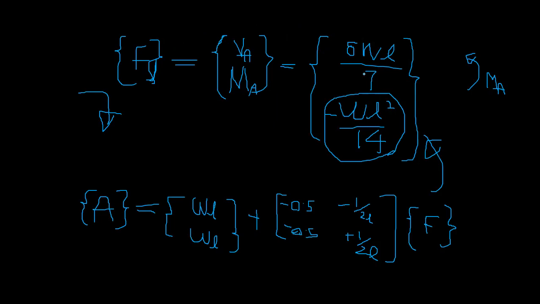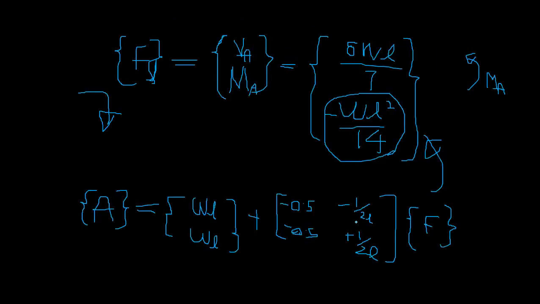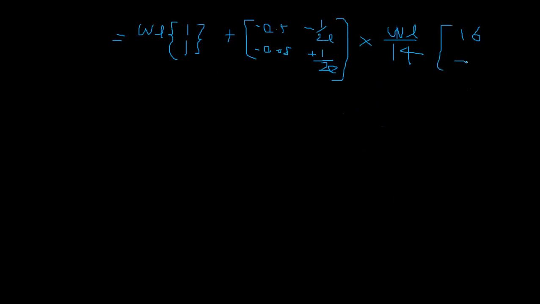WL over 14 I can take. If I take this, it should be 16. It should be minus N, right? So I can peacefully multiply this. So I can take this in the front.